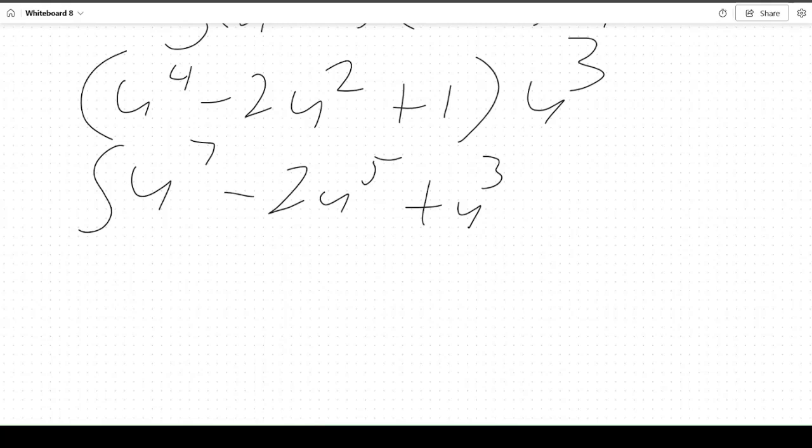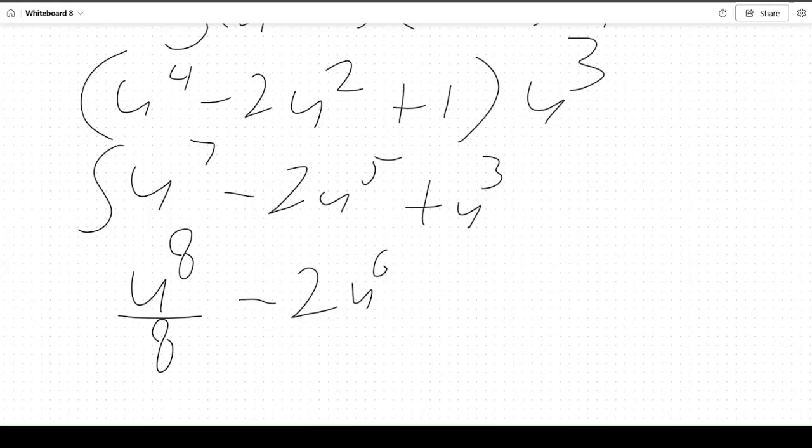This would be u to the power of 8 over 8 minus u to the power of 5 plus 1, which is u to the power of 6 over 6, plus u to the power of 4 over 4.